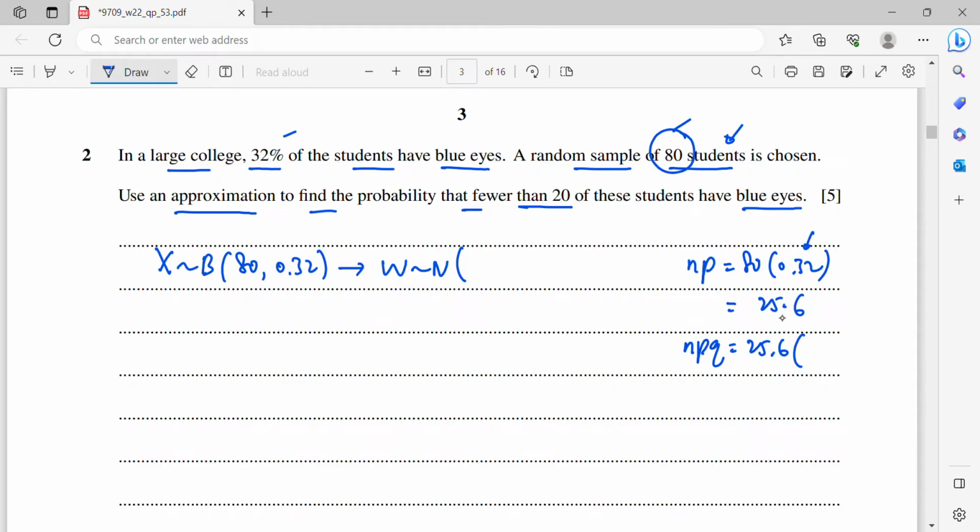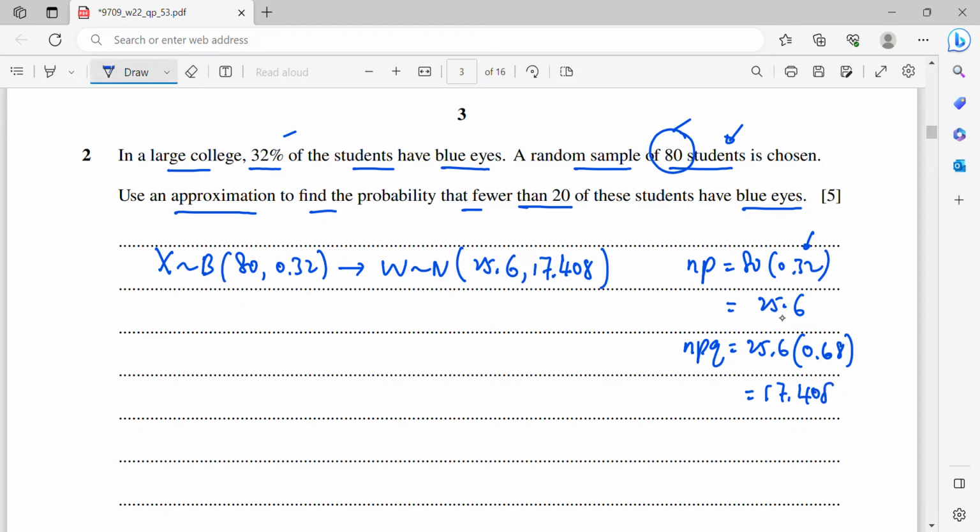So the q is 1 minus 0.32, and you will get 0.68. So at last, you will get 17.408. Alright, so now my mean is 25.6, and my variance is 17.408. That is my new distribution.